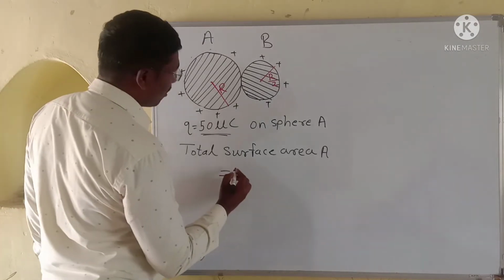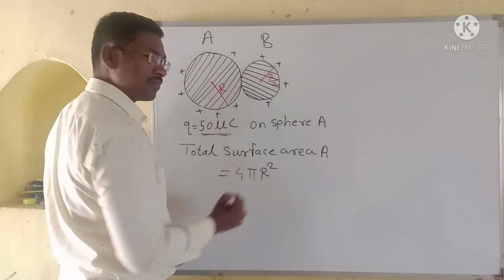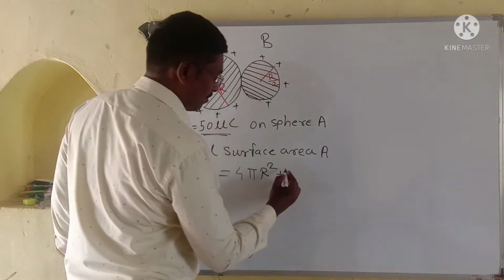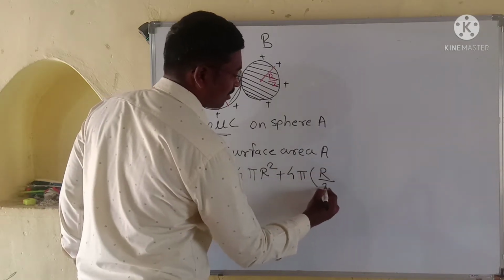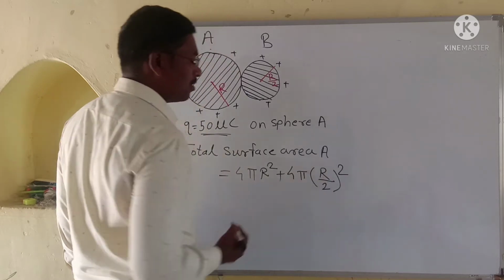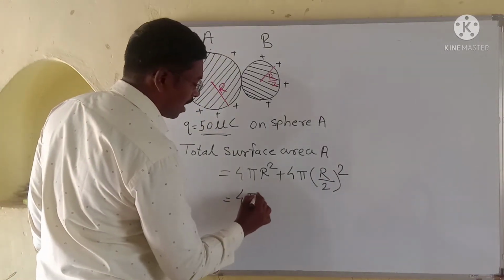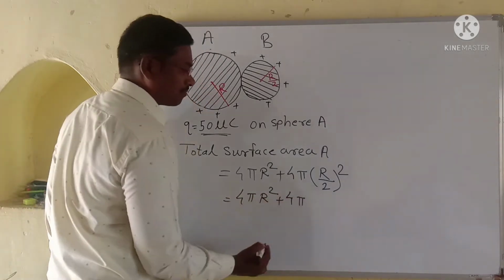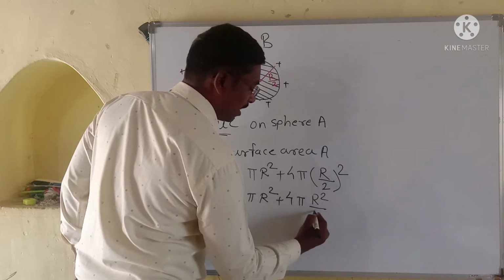So the surface area of sphere A is 4 pi r square, and the surface area of sphere B becomes 4 pi, its radius is r by 2, so (r by 2) square, which is equal to 4 pi r square plus this 4 pi, the square of the bracket is r square by 4.